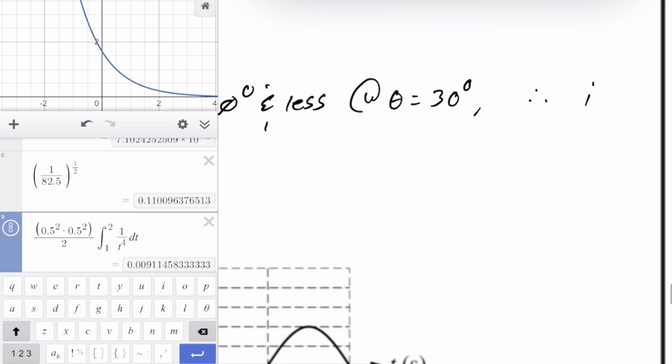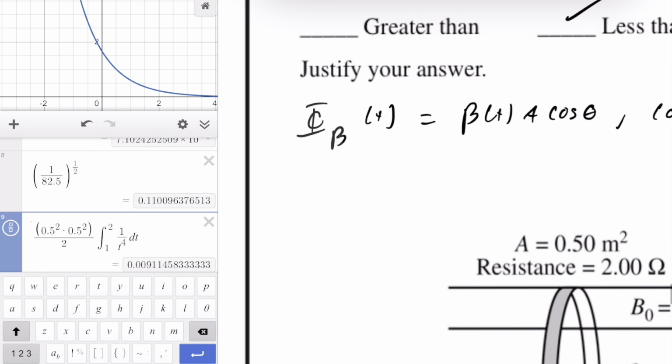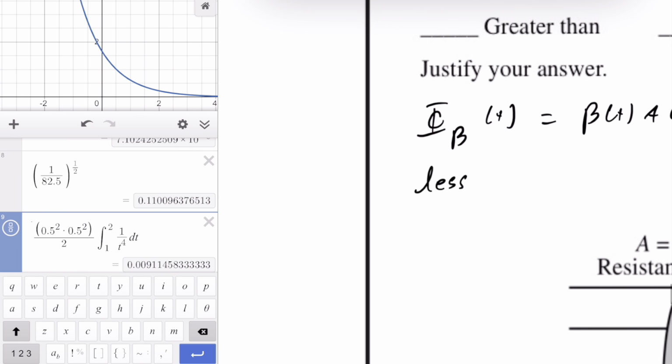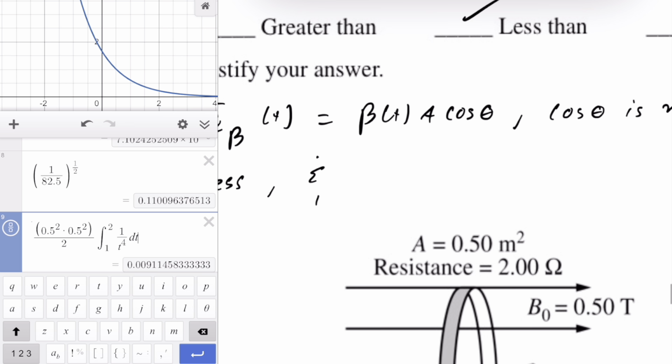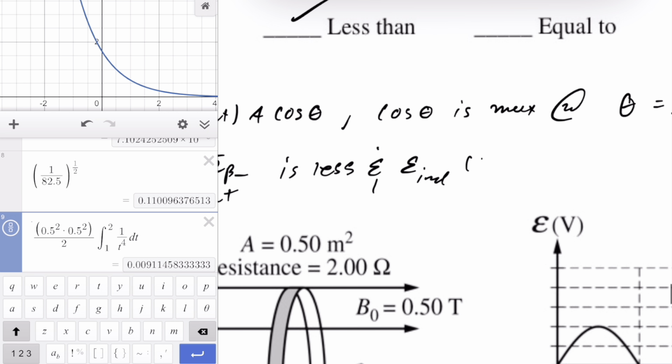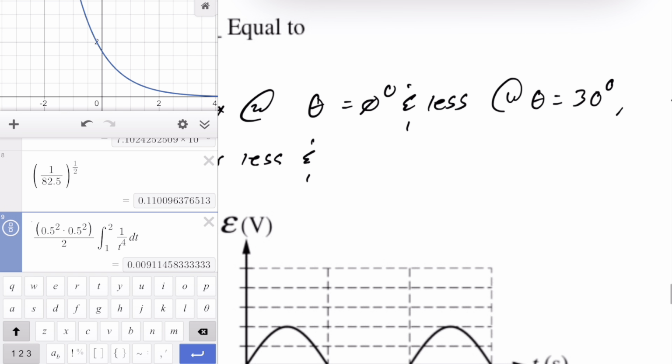Therefore, the flux is less, and the derivative of the flux is less, and the current is less.